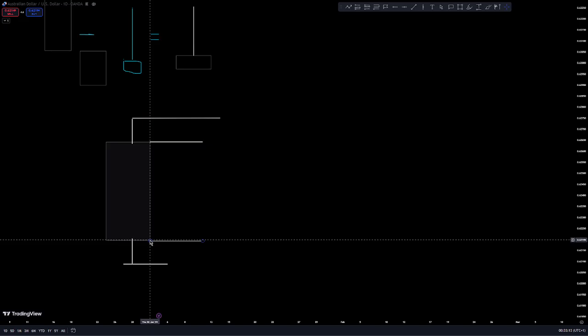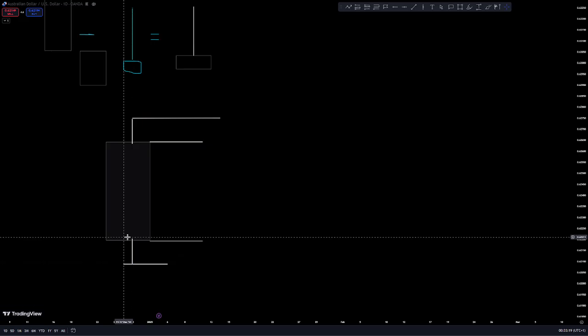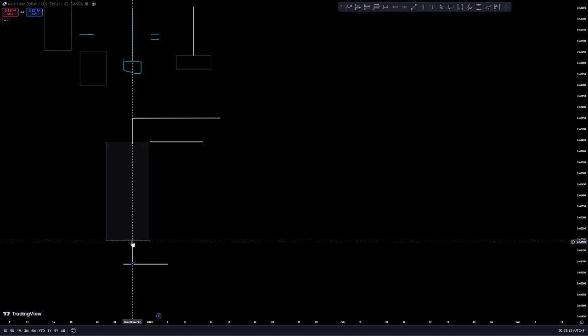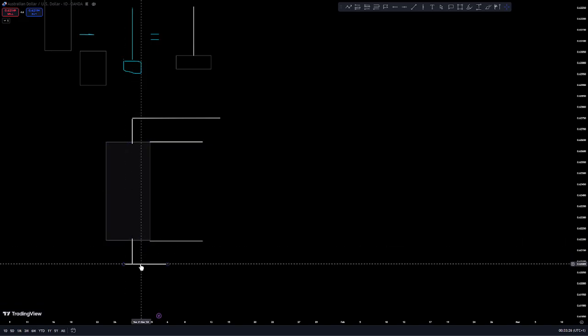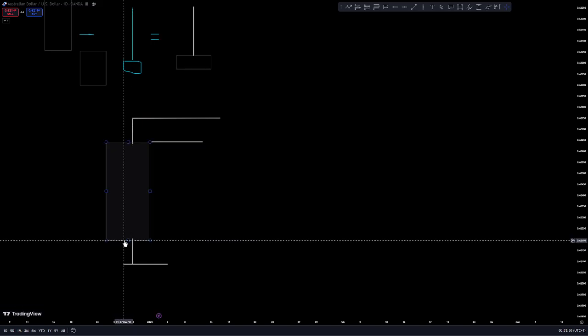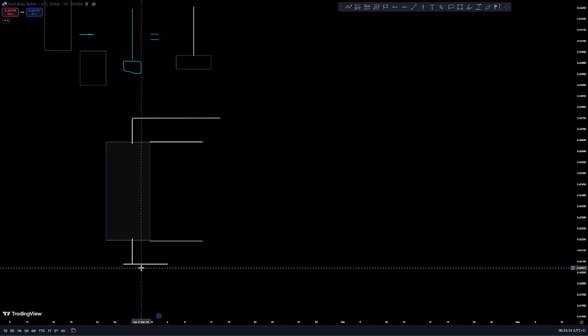At $5, and then created a low of $2. While it was going to create this low, you could say, okay, price is selling, and you would not be wrong, because price was actually selling. You could say the market is bearish, and you are not wrong, because that's what the market has been doing.